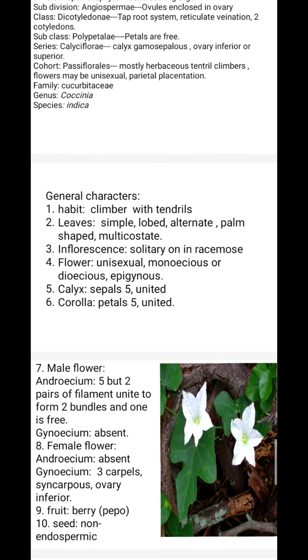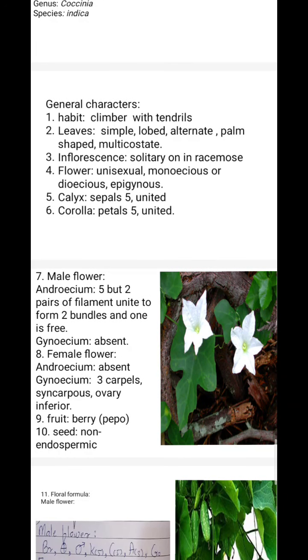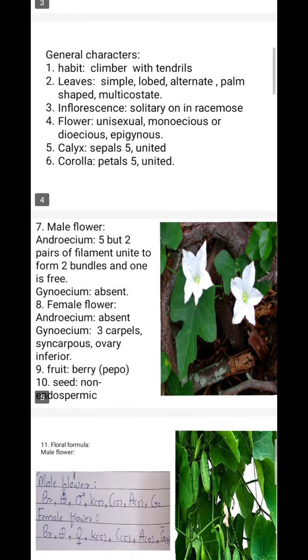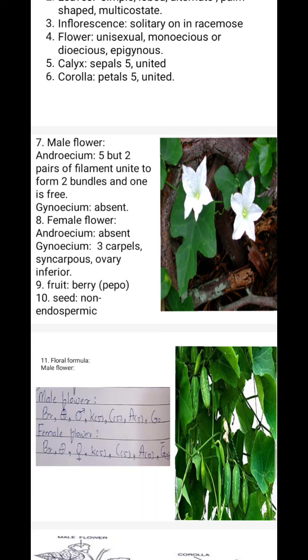Then some general characters of these flowers. It is a climber with tendrils, leaves simple, lobed, alternate. Inflorescence is solitary or racemose. Flowers are unisexual, monoecious and epigynous. Calyx and corolla are five and united. In the male flower, two pairs of filaments are united and two bundles are formed, and gynoecium is absent.